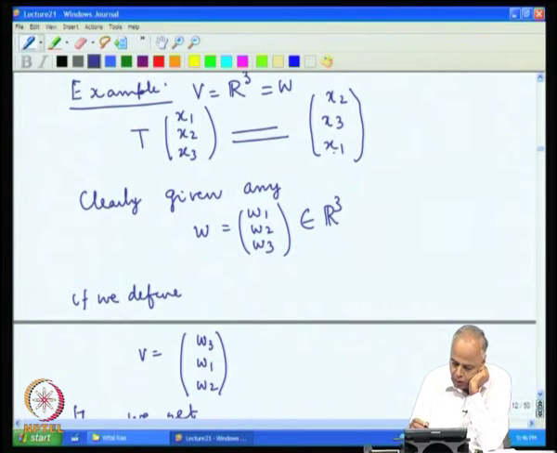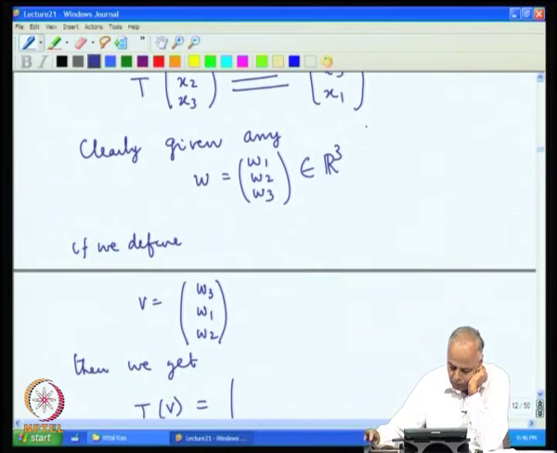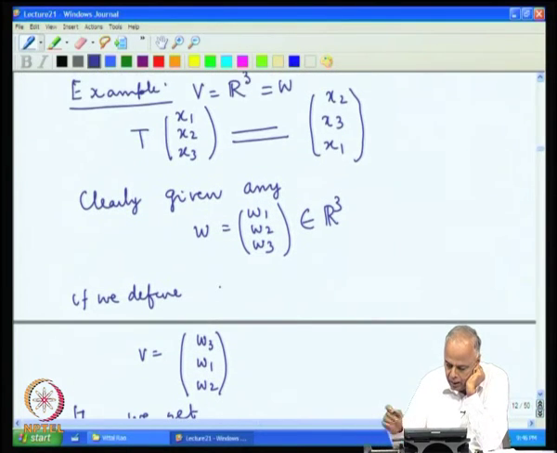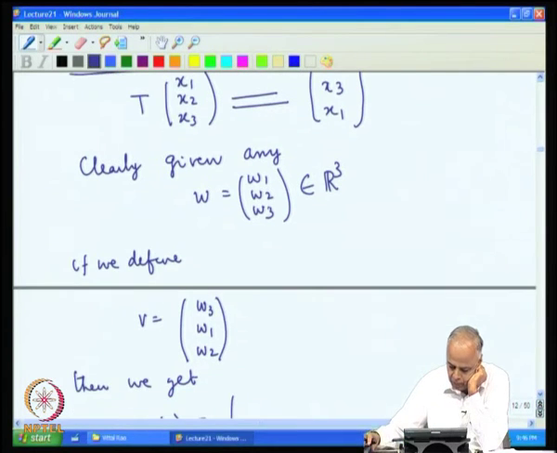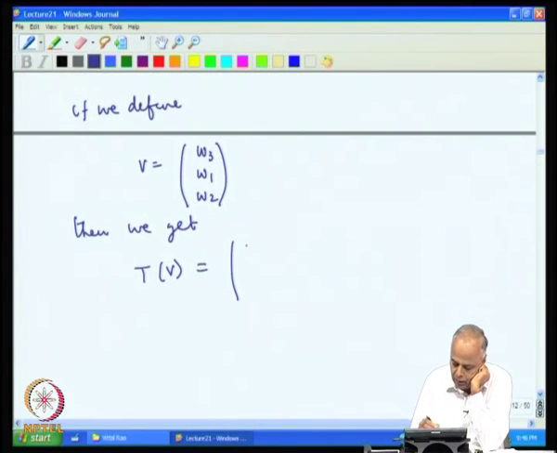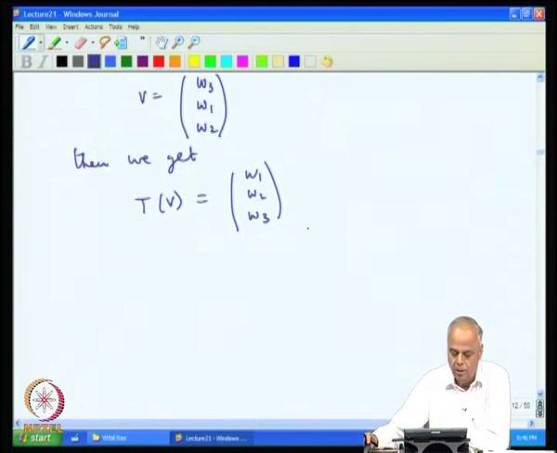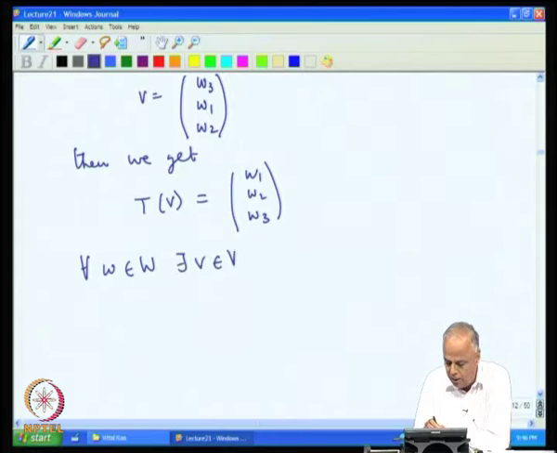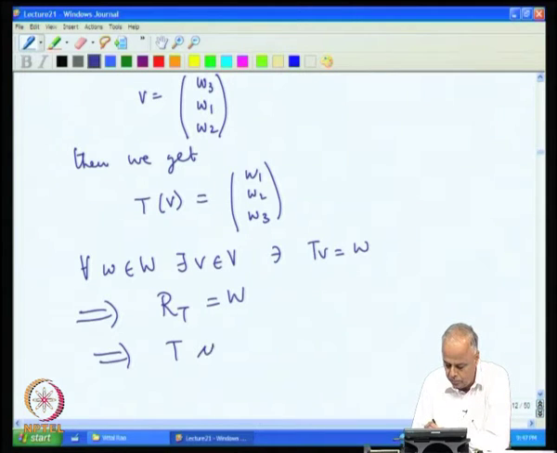We would like to have the third component to be the first component of the pre-image vector, and the first component to be the second component of the pre-image vector, and so on and so forth. So, if we look at it, we get T v equal to (w1, w2, w3). Hence, we have for every w in W, there exists v in V such that T v equal to w. That implies the range of T is W, that says T is onto.